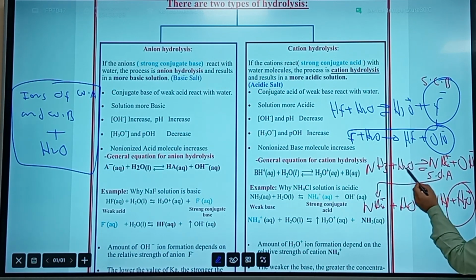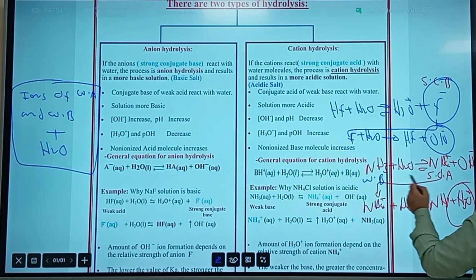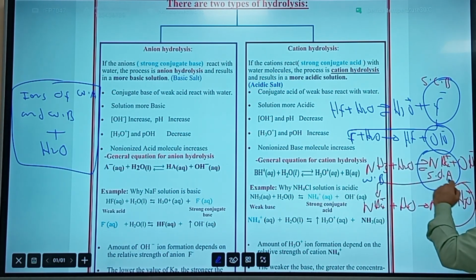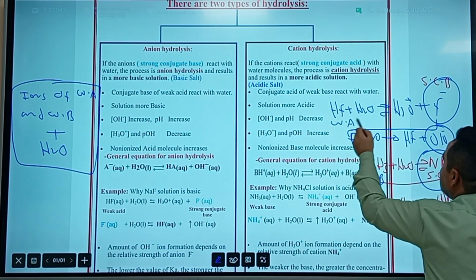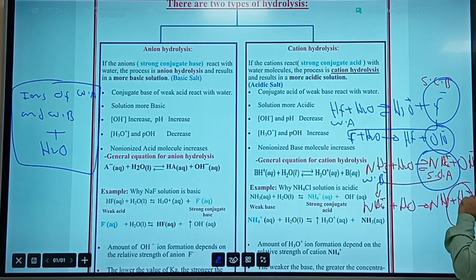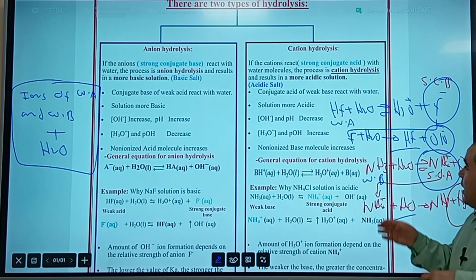As you can see, from the weak bases we get a strong conjugate acid. From a weak acid, we get a strong conjugate base. A strong conjugate base and a strong conjugate acid reacting with H2O is hydrolysis.